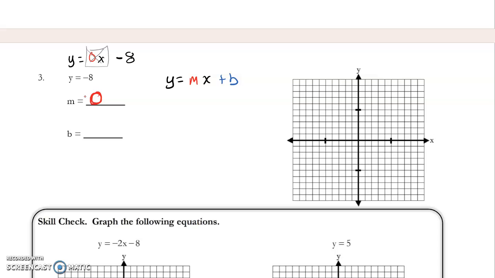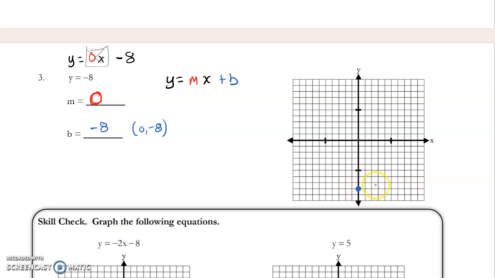And a slope of 0 has what type of line? That's right, it's horizontal. Horizontal is slope 0. But I do have my constant, my -8, so I still have my y-intercept at -8, or (0, -8). When I plot that point, always on my y-axis, it's -5, -6, -7, -8, and I apply a slope of 0, which is a horizontal line.